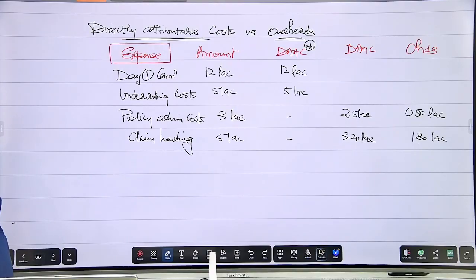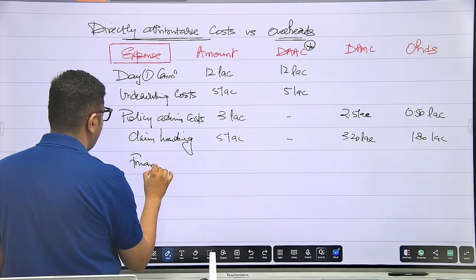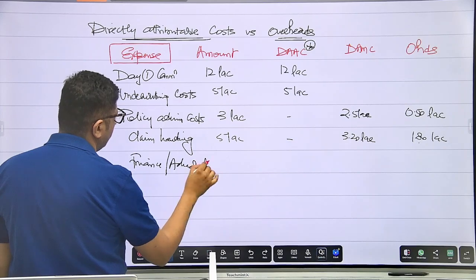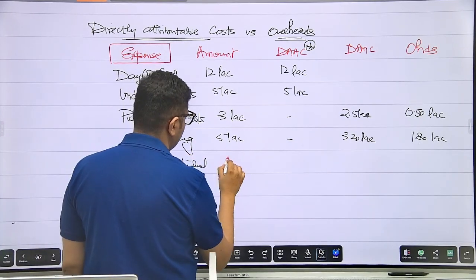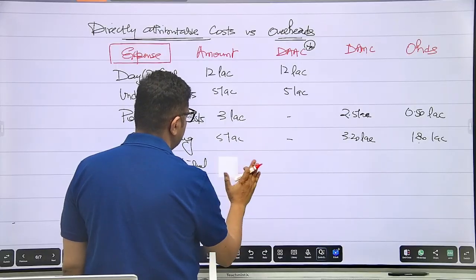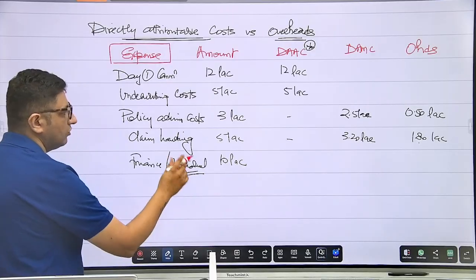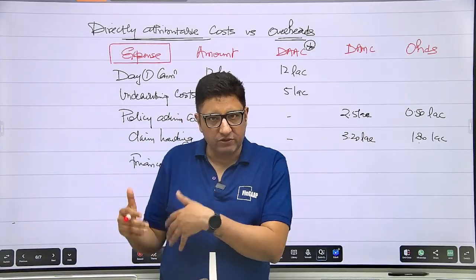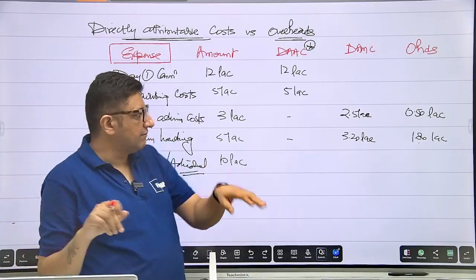Likewise, you may have your finance or actuarial related staff cost. Let's give it a number of, let's say, 10 lakhs, doesn't matter. Now, the actuarial team would very likely be responsible for creating a product, doing the modeling, doing the assessment, making those assumptions and stuff like that.